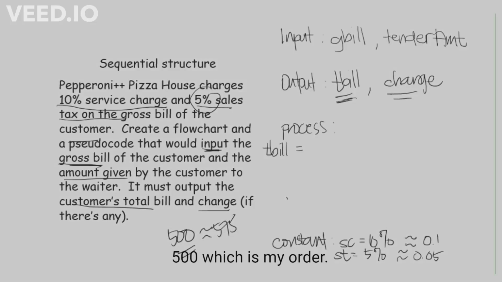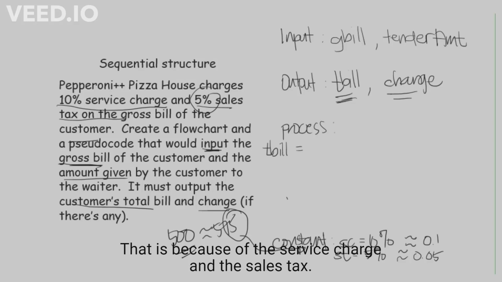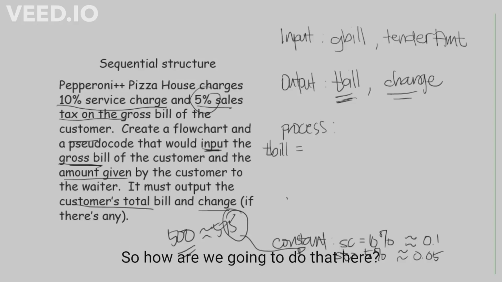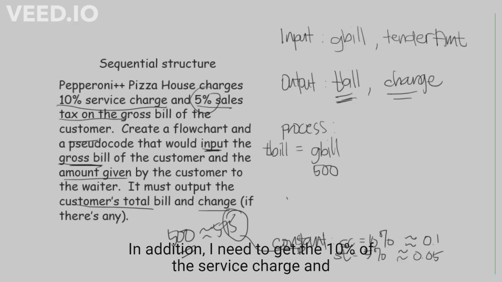So from 500, which is my order, when I get my total bill, there's an additional 75 pesos. That is because of the service charge and the sales tax. So how are we going to do that here? Okay, so we need to use the G bill. So that's my 500.